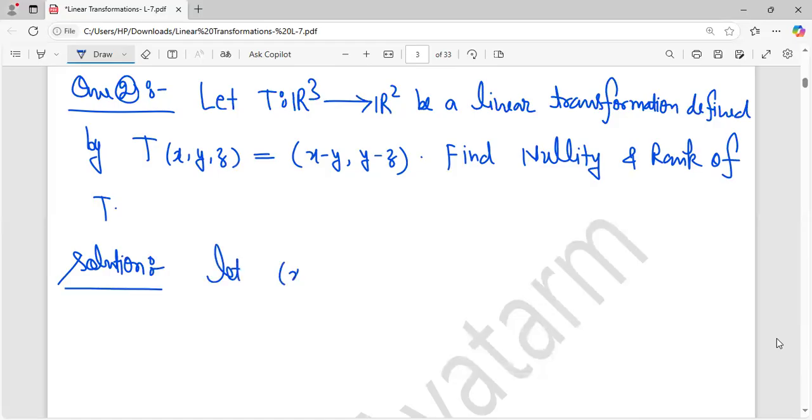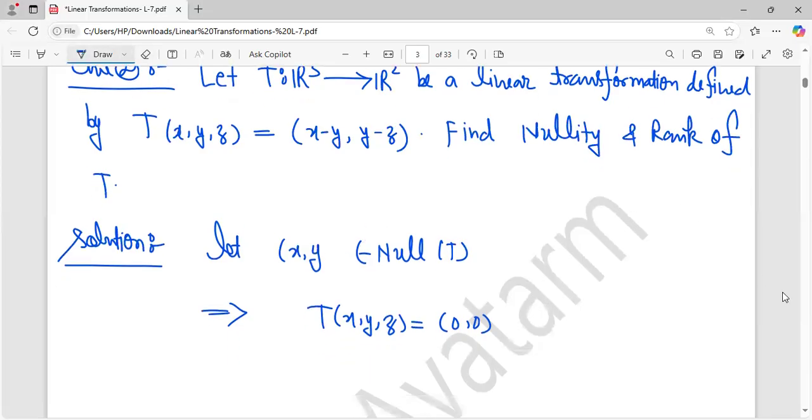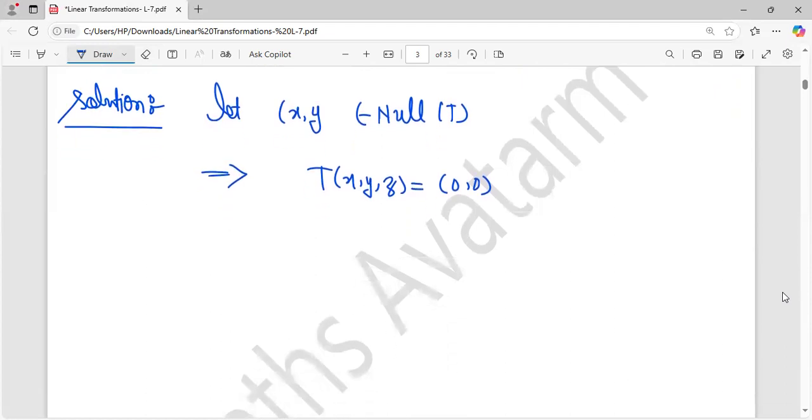So let (x, y, z) belong to null of T. Then this implies T(x, y, z) is equal to (0, 0). So this implies (x minus y, y minus z) is equal to (0, 0).